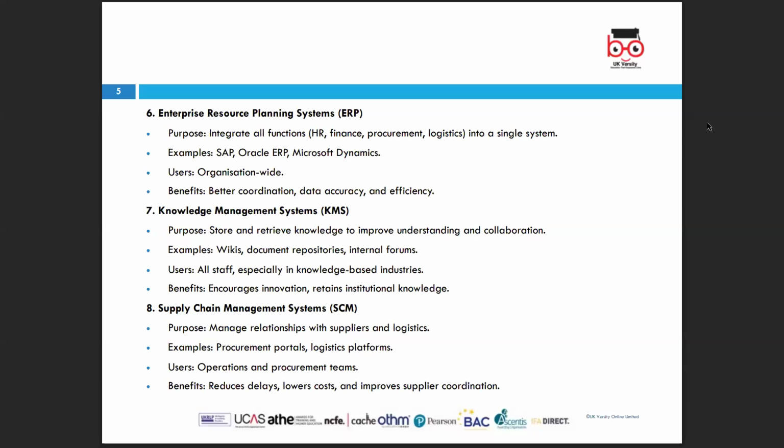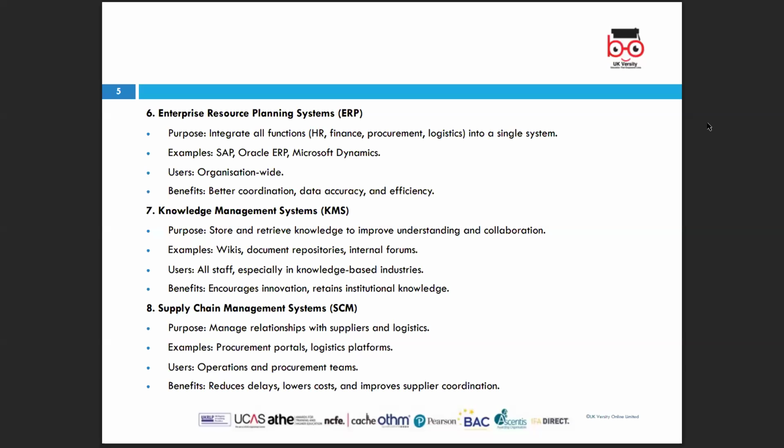The technologies involved are SAP, Oracle ERP, and Microsoft Dynamics. And this technology is used across the whole organization. Again, the benefit we get is better coordination, data accuracy, and efficiency.